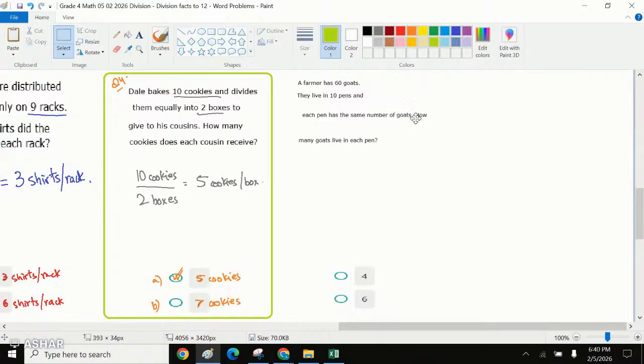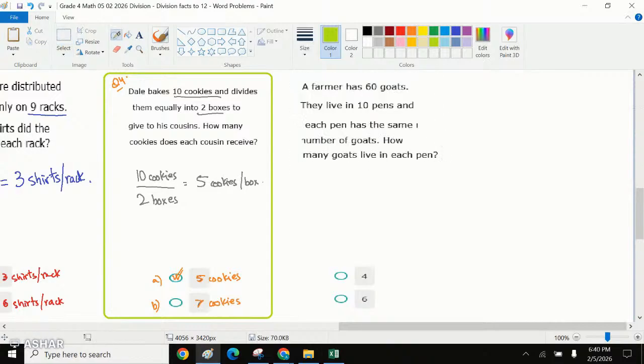Each pen has the same number of goats. How many goats live in each pen? This is question number 5. Let's just do this as the last question.